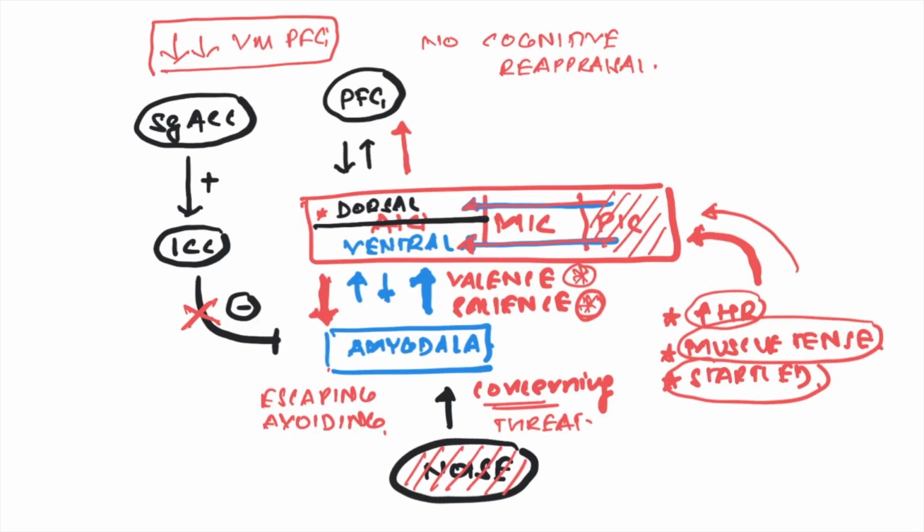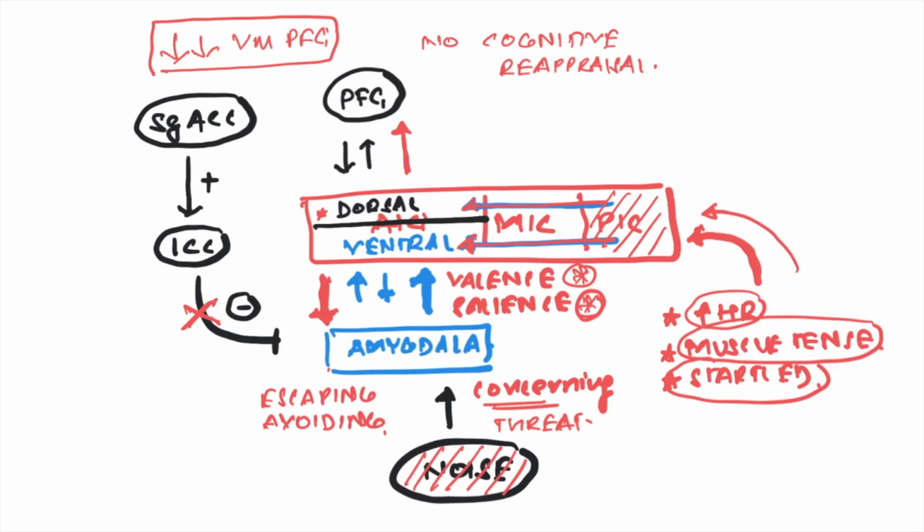So the brain should actually respond by saying that you are in a very safe situation. You're not in a combat zone, so you don't have to escape or avoid or go into a fight or a flight mode. But in patients with PTSD, the top-down control is lost.